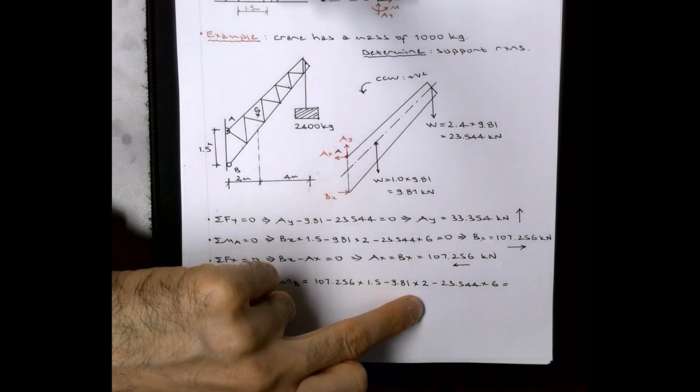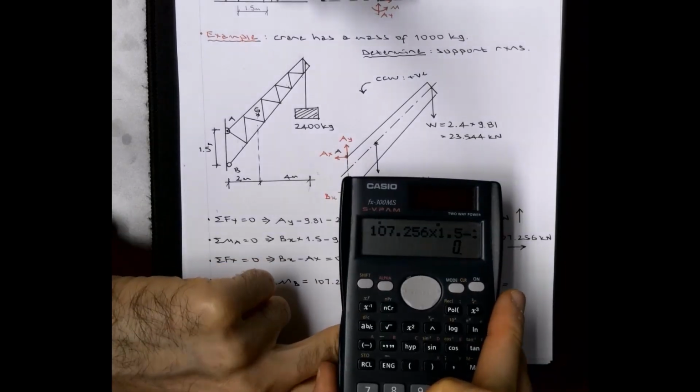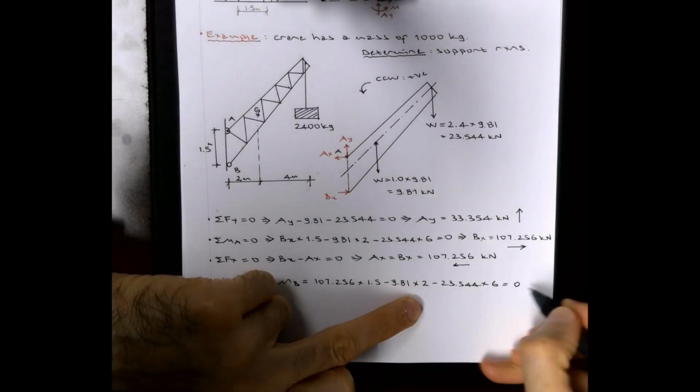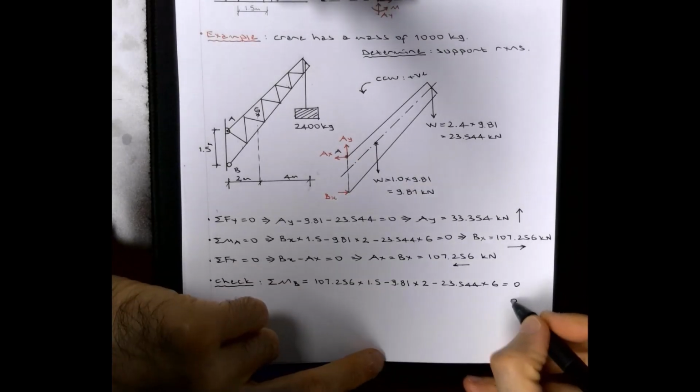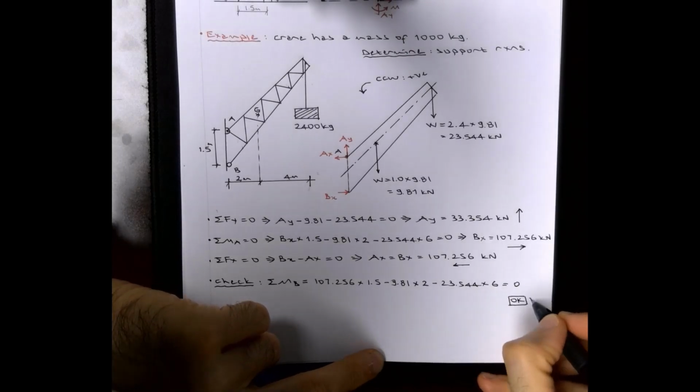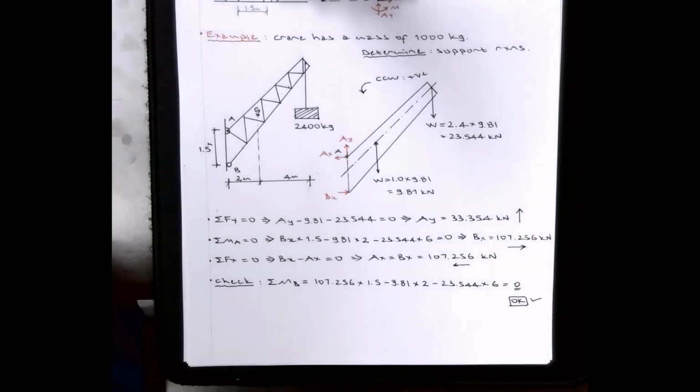Yeah, so the answer is 0, so it is very difficult to make a mistake with these questions. Otherwise, this will not come out to be 0. So always you can check your results.